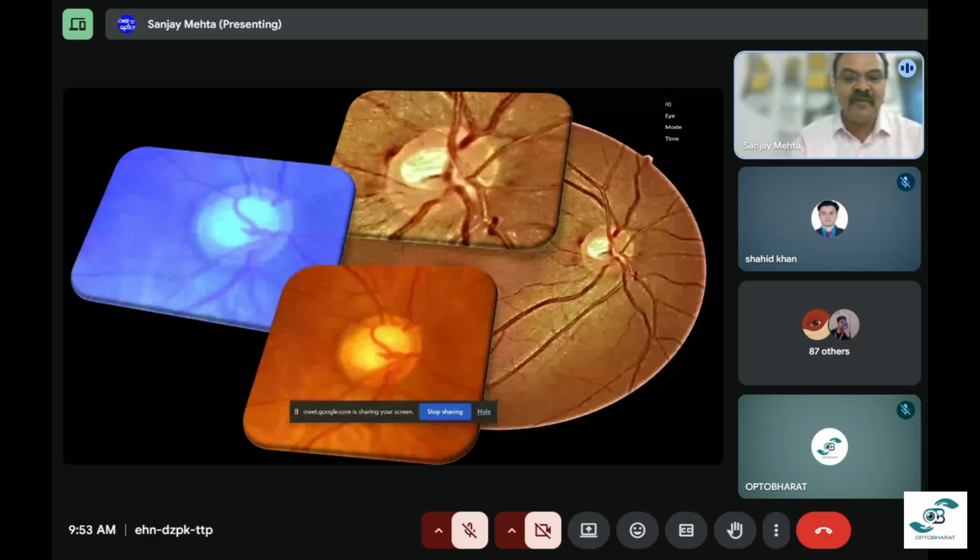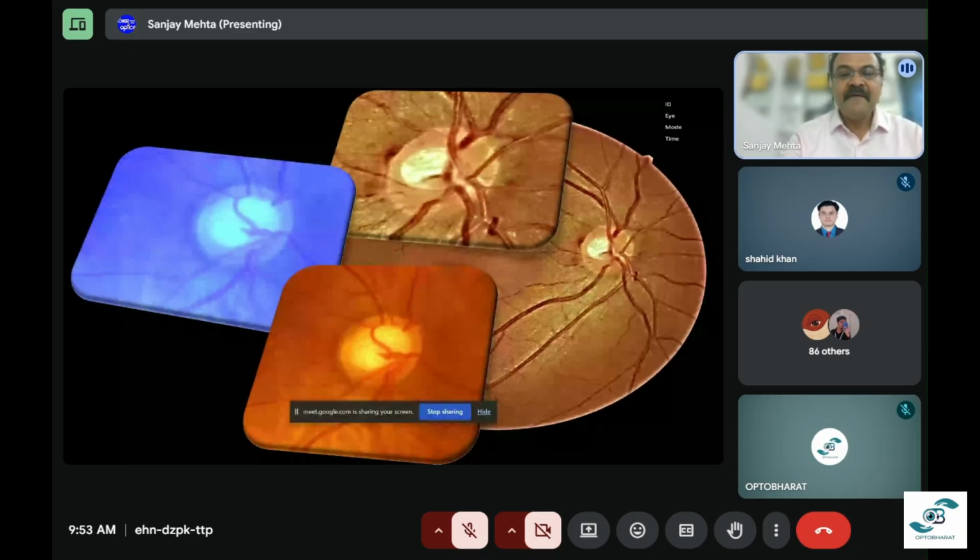This can even be a normal cupping. It depends. Glaucoma is a condition wherein we have to take into account all the factors: visual acuity, eye pressure, optic nerve changes, central corneal thickness, and of course the visual field test, and the anterior chamber angle also.